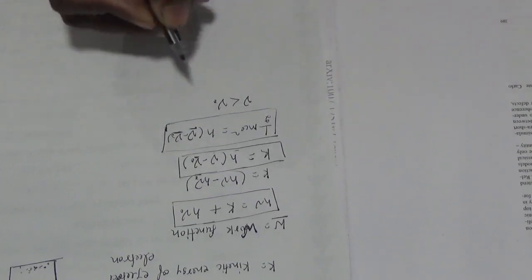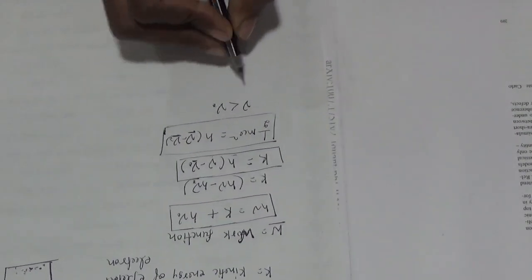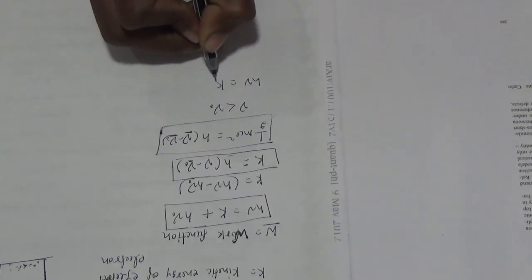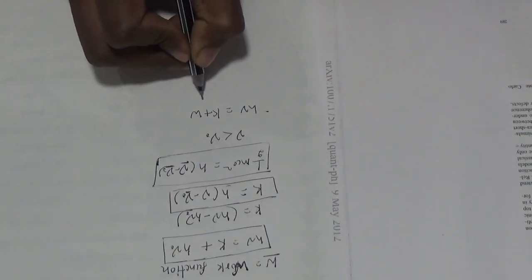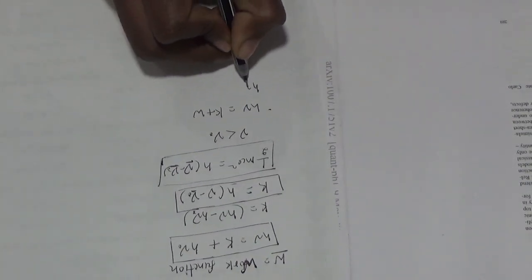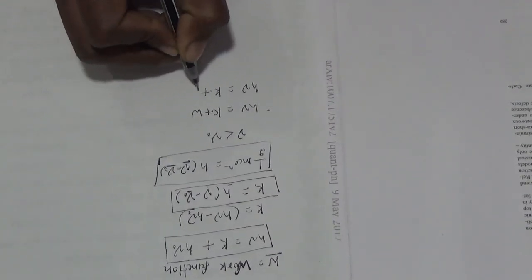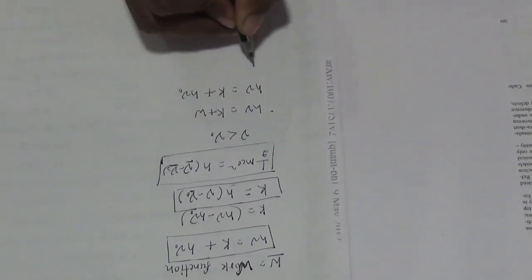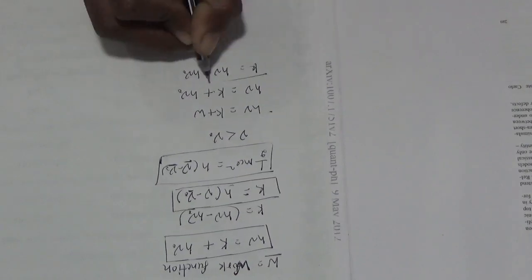Friends, the next formula: from here h nu is equal to K plus W, so h nu is equal to K plus h nu naught. Friends, K is equal to h nu minus h nu naught.